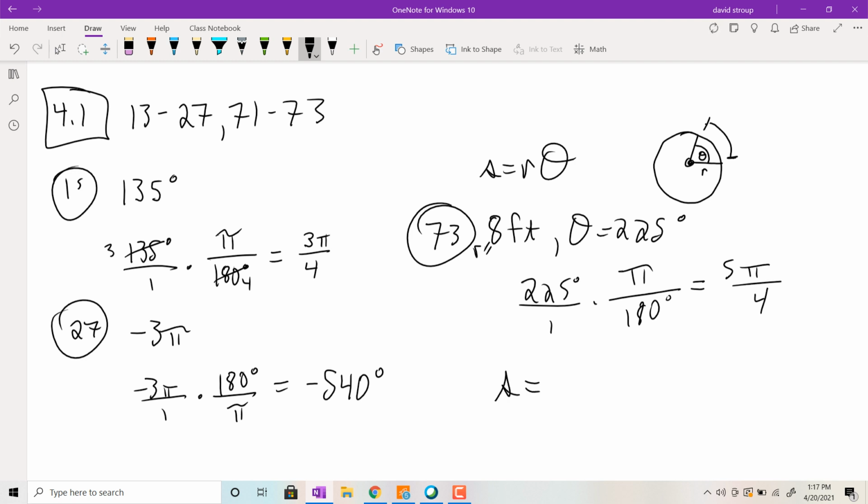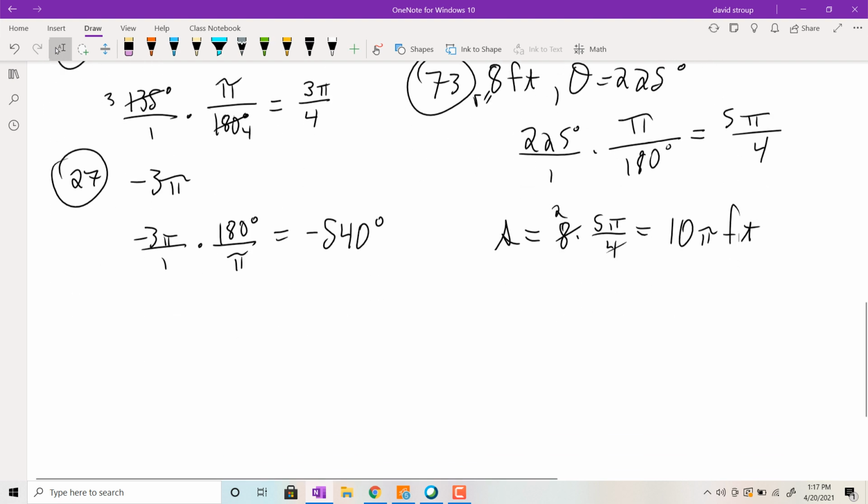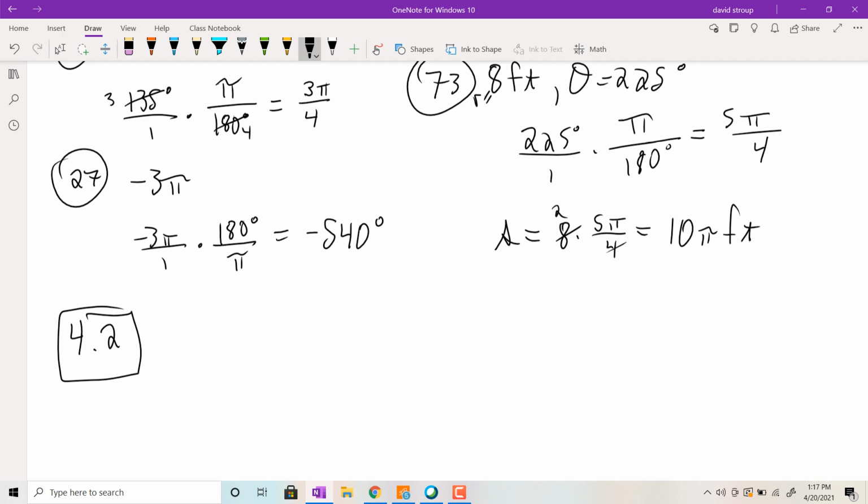So the arc length will be 8 times 5 pi over 4. 4 goes into 8 two times, so you'll end up with 10 pi, and this answer is in feet. All right, so just a simple application, but that formula is important later on in other settings if you keep taking math.